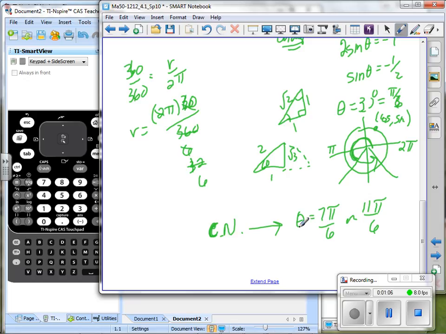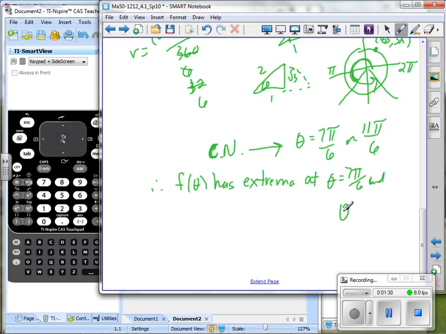Critical numbers. At critical numbers, we have what? Therefore, the function has extrema at theta equaling 7 pi divided by 6 and theta equaling 11 pi divided by 6.